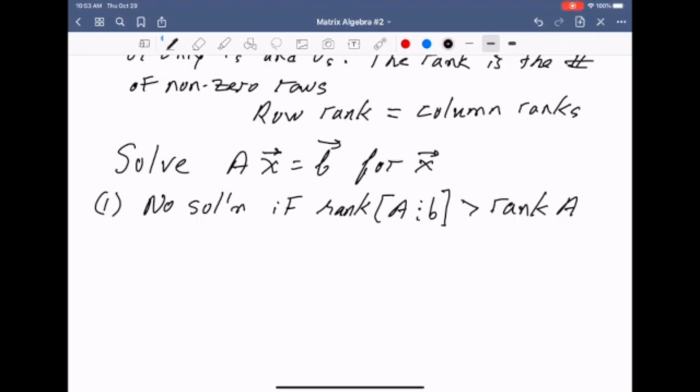And again, this is an augmented matrix, but a little different than the one we used before.